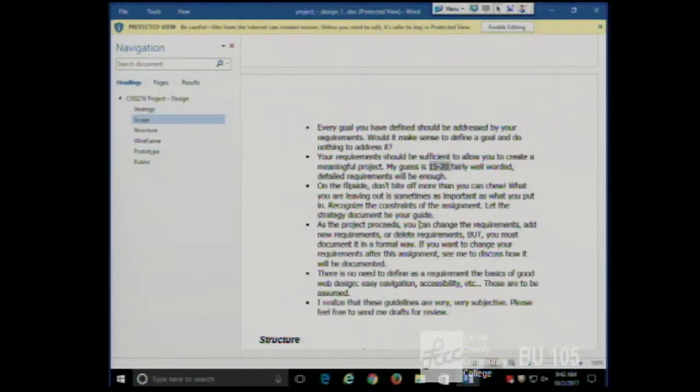Now, as your project goes on, you may add and change some requirements. That's okay, all right? A design is a plan. It's a roadmap of how to get to a certain point. All right? Therefore, just as in real life, if you have a roadmap to get from here to Columbus, if you encounter some problems on the way, like there's construction on 71 or something, you might go a different direction and take a different route.